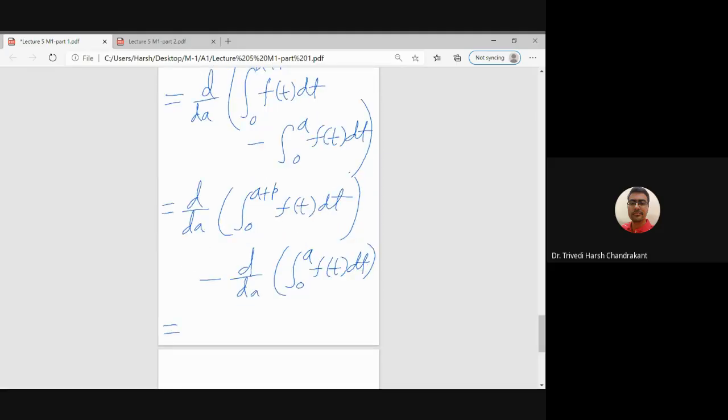And then now we can apply the fundamental theorem of calculus. It says that whenever we differentiate this particular function, we get the value of the function at that particular point. So if we differentiate this function, what we'll get is f of a plus p minus f of a, right?